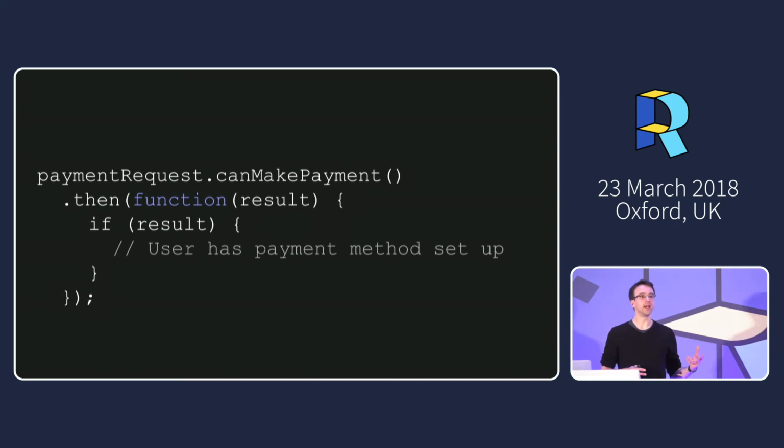We could still say, after they've completed that flow, then invite them to create an account on our website. But if they don't have a payment set up already, then we could decide to say, let's funnel them through our usual existing registration and checkout process, because they're going to need to enter those details anyway.